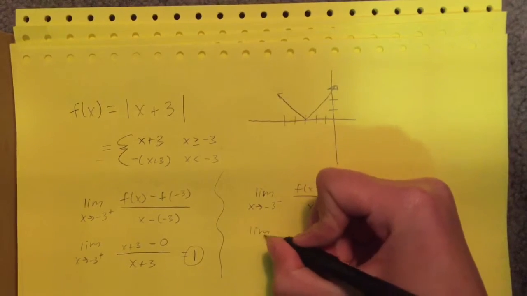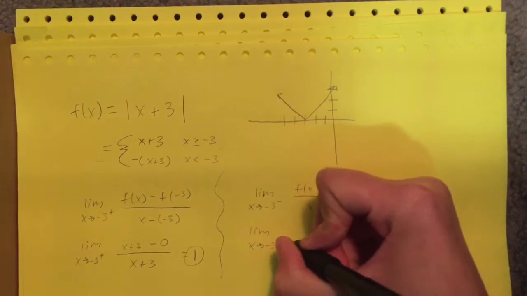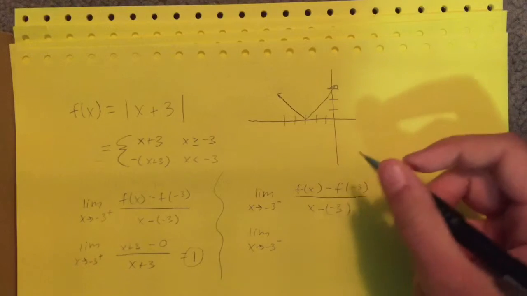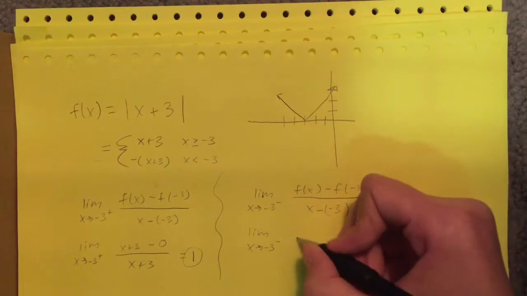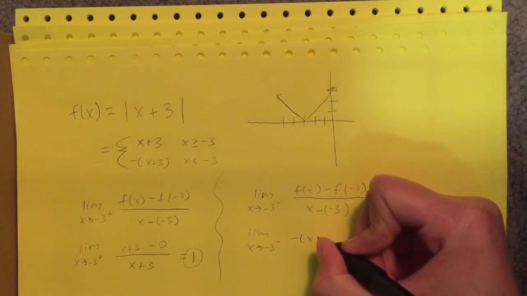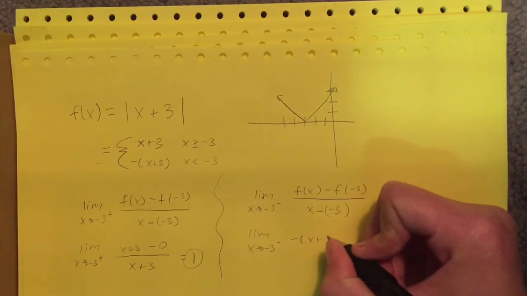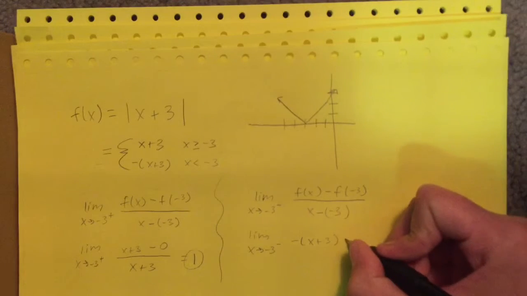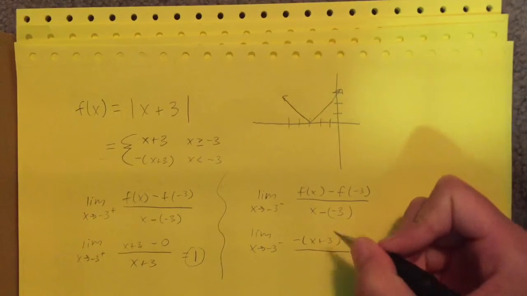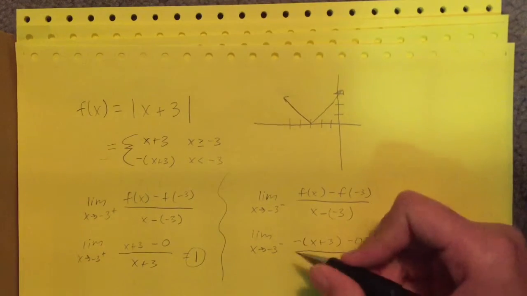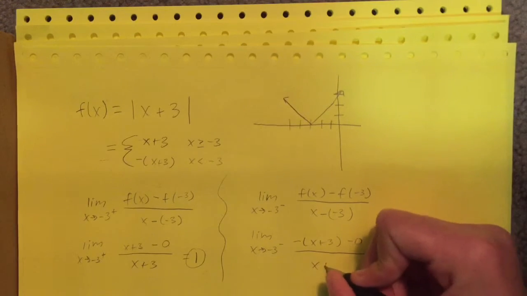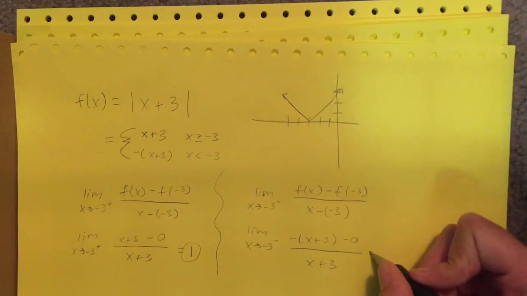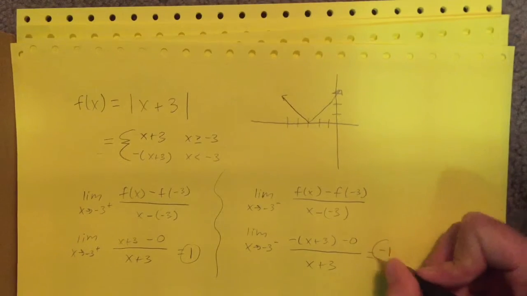So the limit as x approaches negative 3 from the left is negative x plus 3 minus 0 over x plus 3. And this is equal to negative 1.